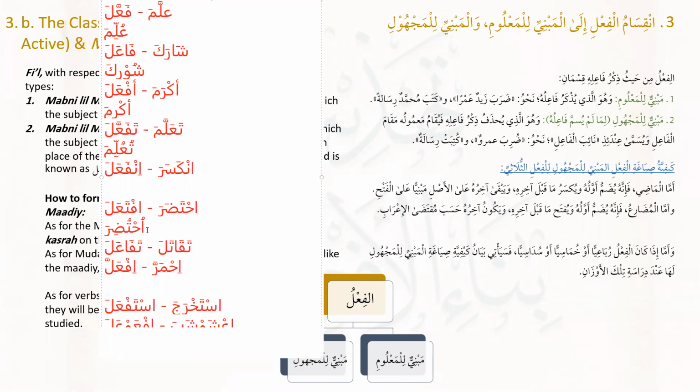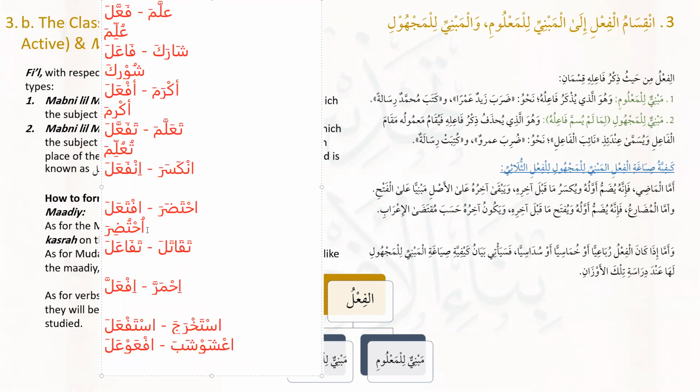Another challenging one, تقاتل. طيب, how will you make the مبني للمجهول of تقاتل? This is a little challenging one. Again, it's similar to تعلم in the sense that, ممتاز, looking at that first principle that we had for the فعل ثلاثي, this would have been تقاتل.